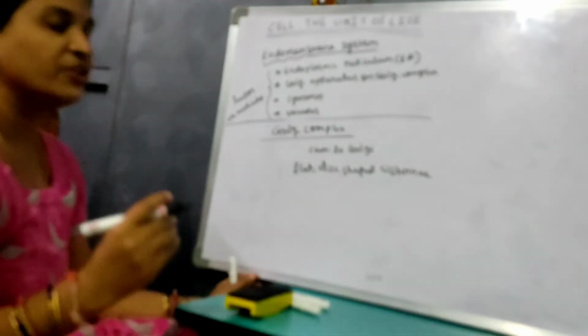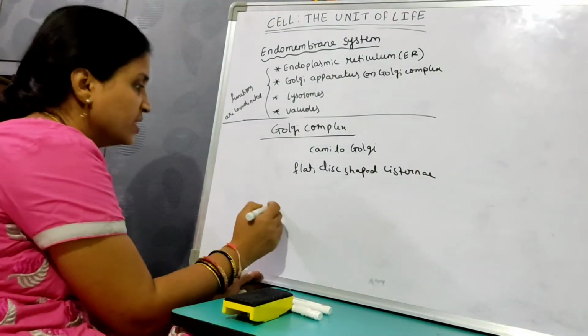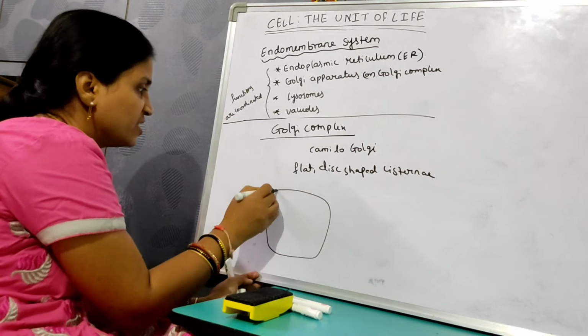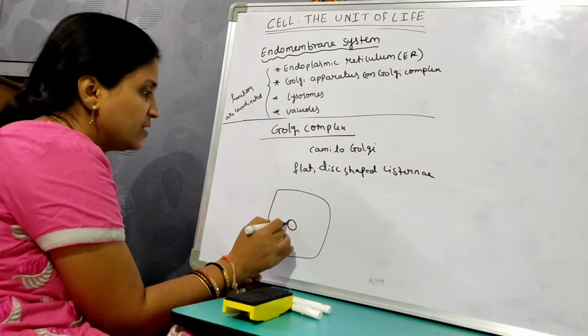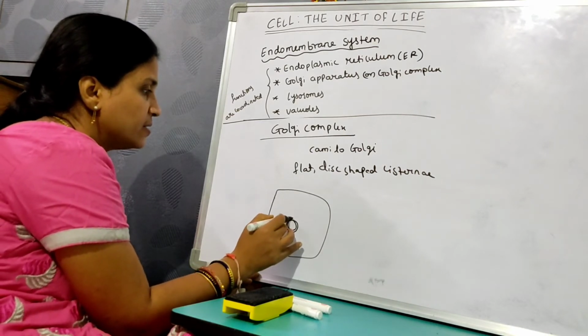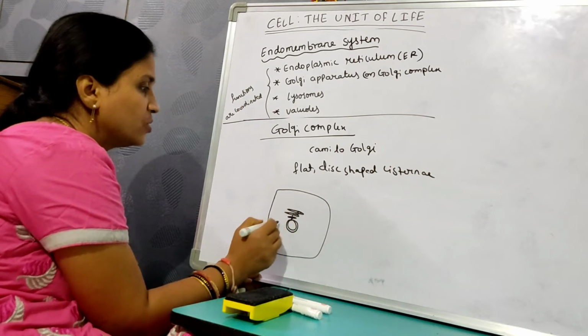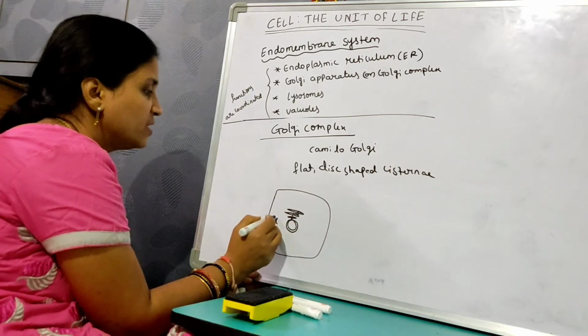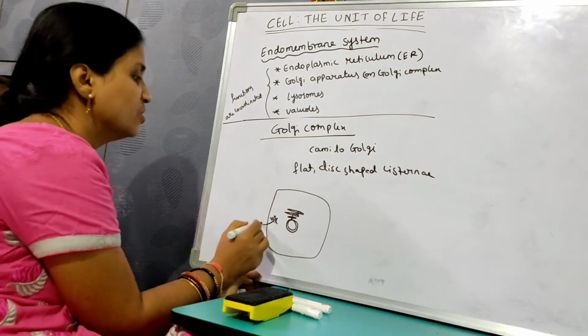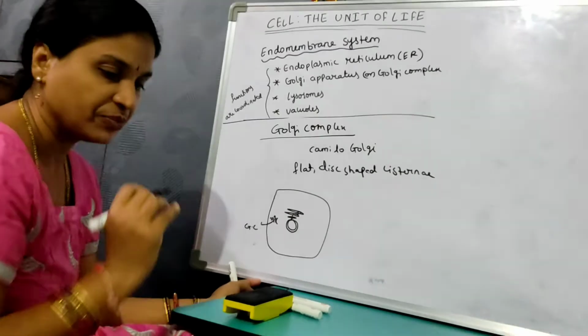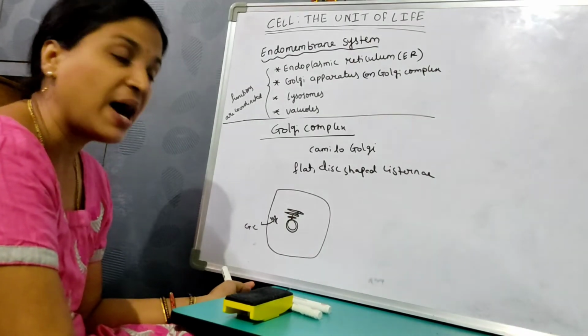They are present somewhat nearer to the nucleus. If you take the structure of a cell, this is the nucleus, this is the endoplasmic reticulum, and somewhat nearer to the nucleus the Golgi complex is present like this. They are stacked parallel to each other.